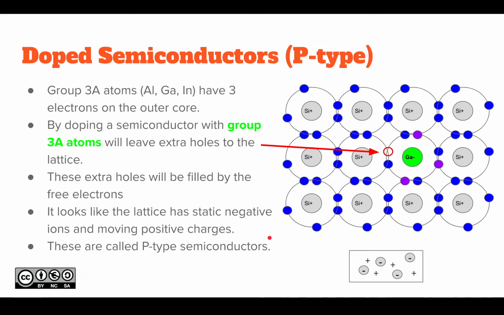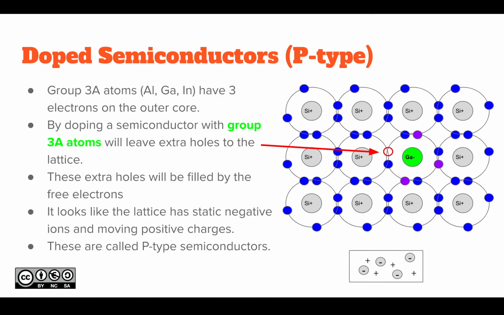When we have this N-type semiconductor doping, we can also have P-type, which means that we have group 3A atoms like aluminum, gallium, indium, which have 3 electrons on the outer core.